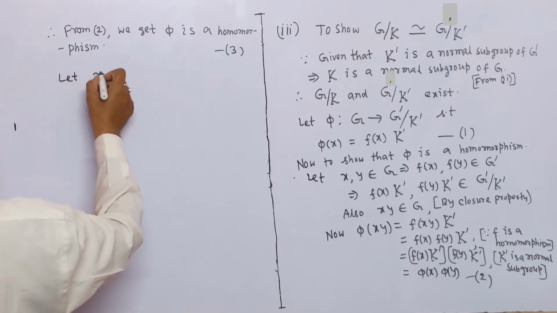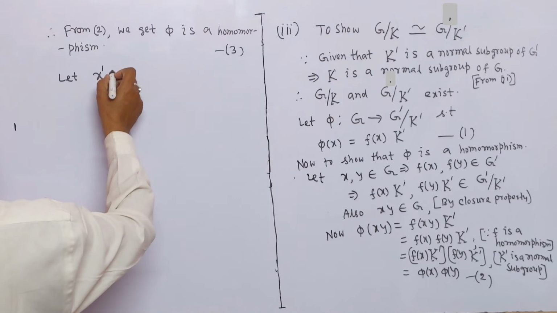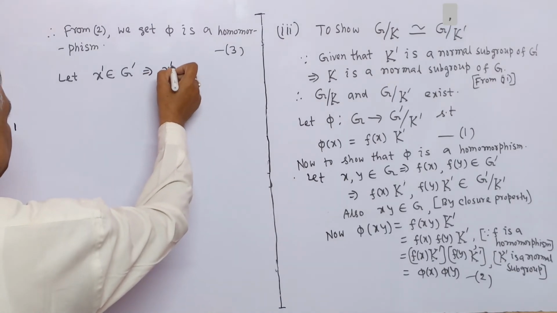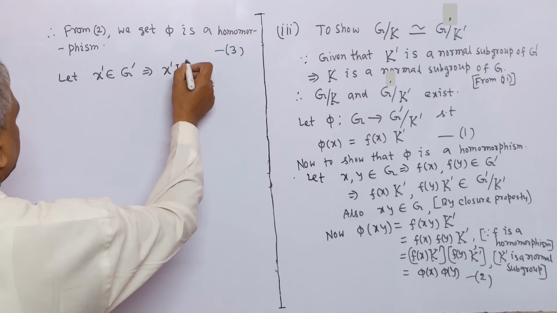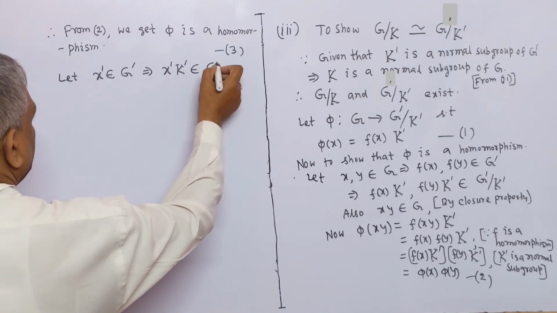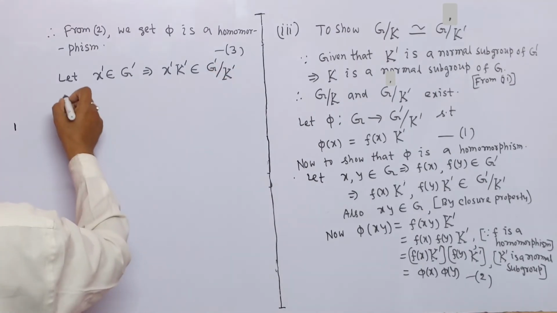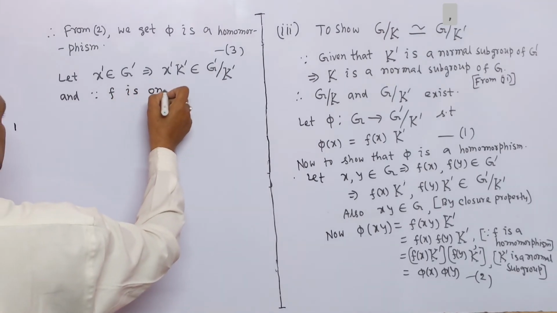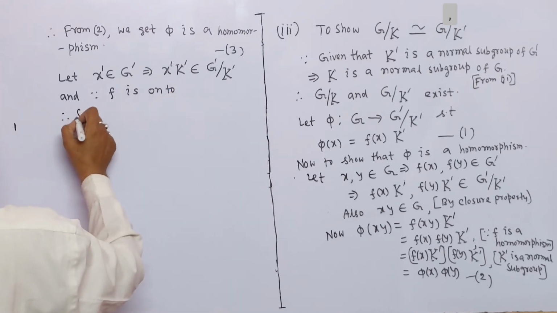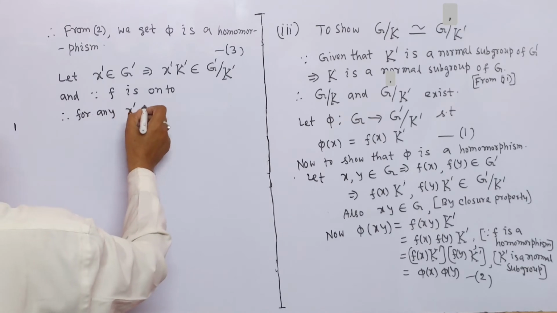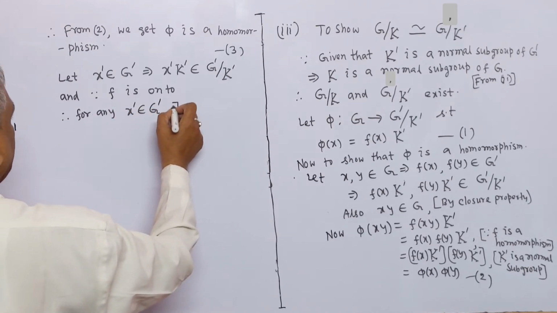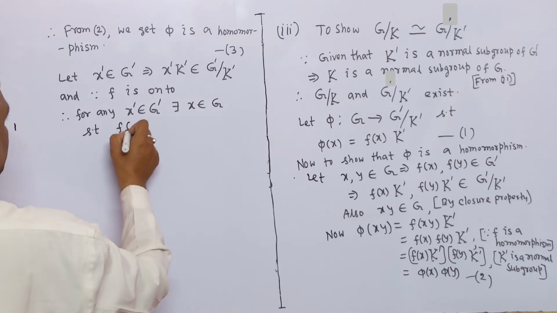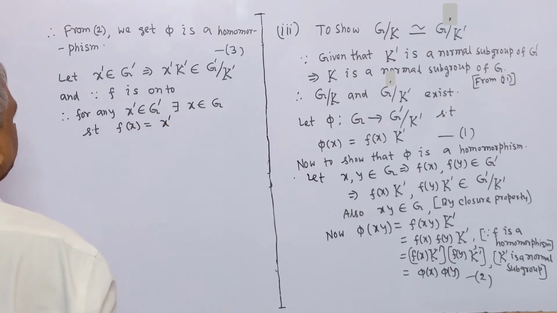Let x' belong to G', implies that x' K' belongs to G' by K', and since f is onto, therefore for any x' belonging to G', there exists x belonging to G such that f(x) equals x'.